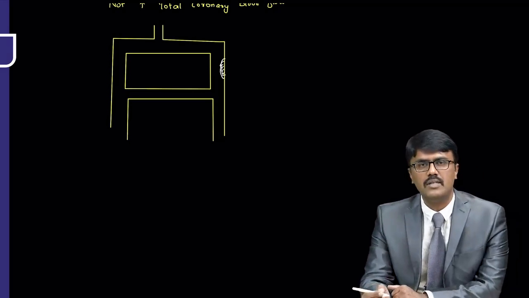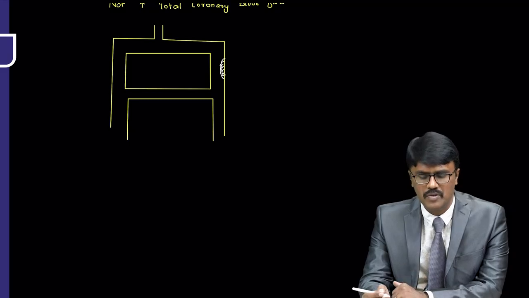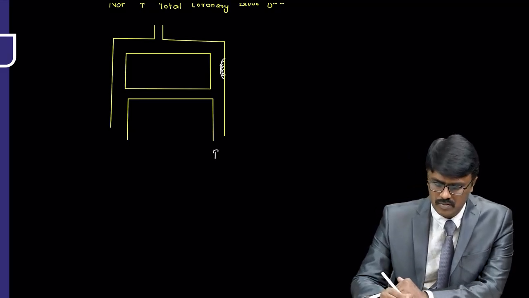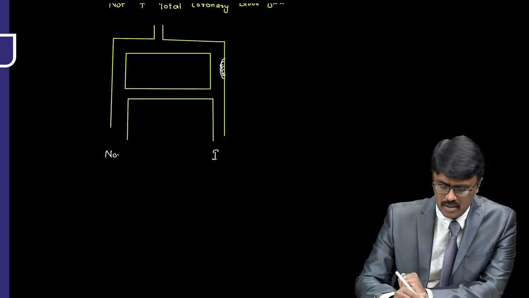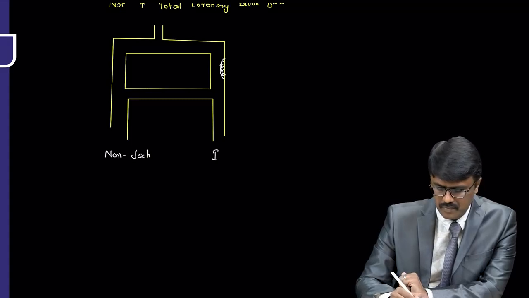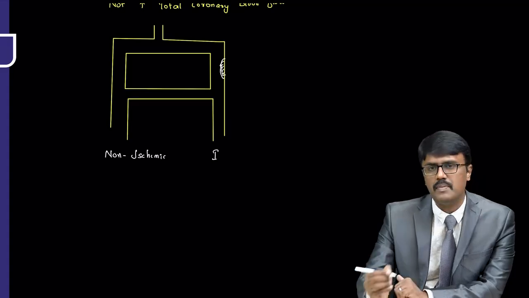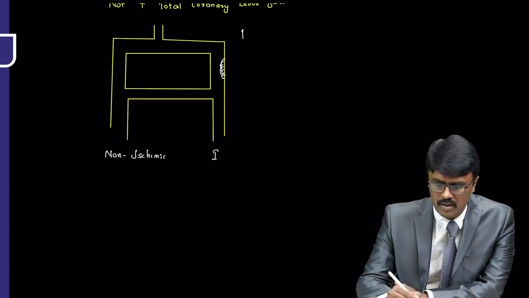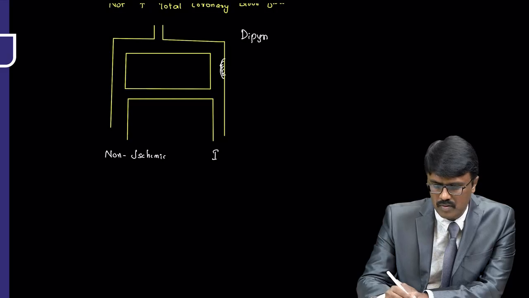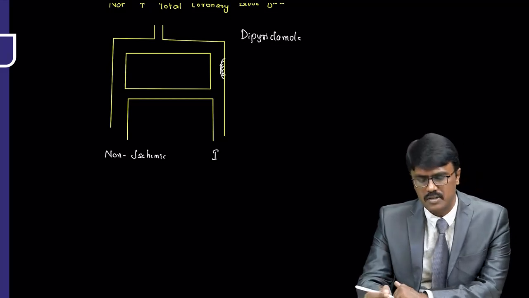So this is the coronary, what we already drew. So here is the ischemic zone, and this is the non-ischemic zone. So what happens when we use a drug called dipyridamole? Now, dipyridamole is an antiplatelet drug. What happens when you use it?